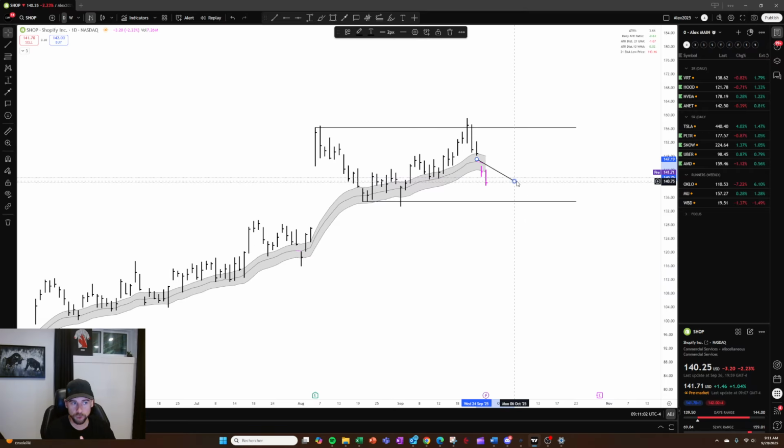But yeah, Shop is just starting to trade below the daily structure, and unless we build constructive action on the right side and we see a reclaim of that structure, I wouldn't touch this. I think there's stuff looking way better than Shop at this time.